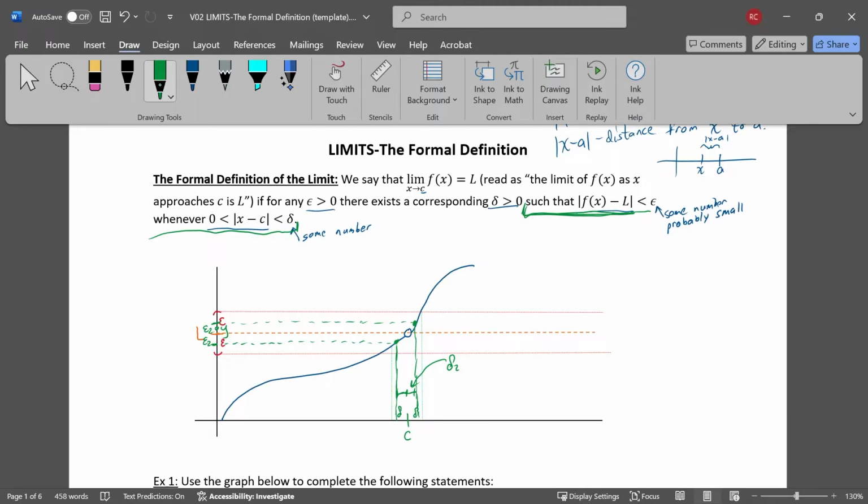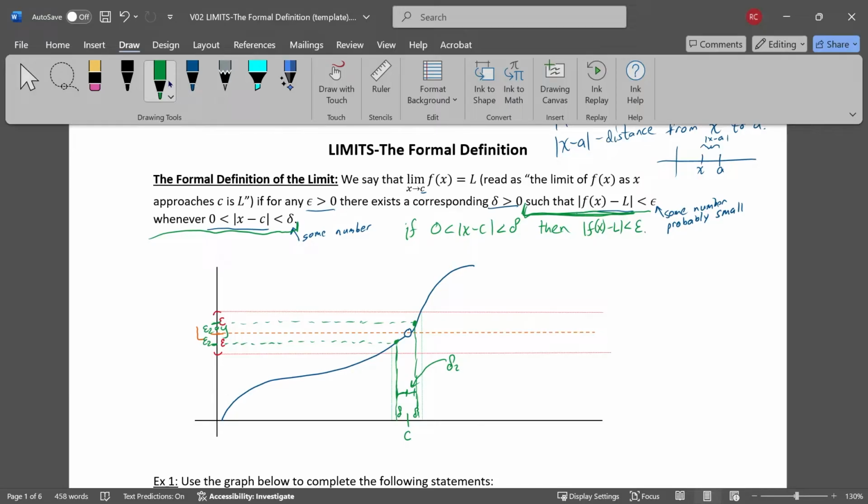So this part I've written in green here. Another way of saying this is, if the absolute value of x minus c is positive and less than delta, then the absolute value of f of x minus L is less than epsilon.